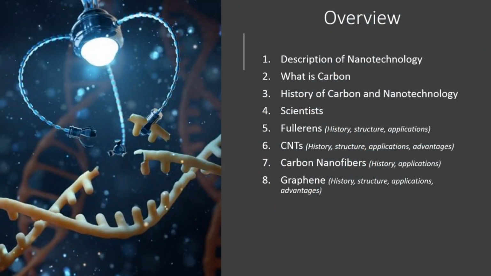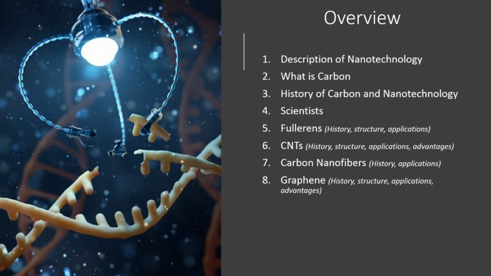So, here's an overview to see the topics and what we're going to talk about exactly. First, I will try to explain what nanotechnology is and what carbon is. Then I prepared some slides about the relation between carbon and nanotechnology in history.